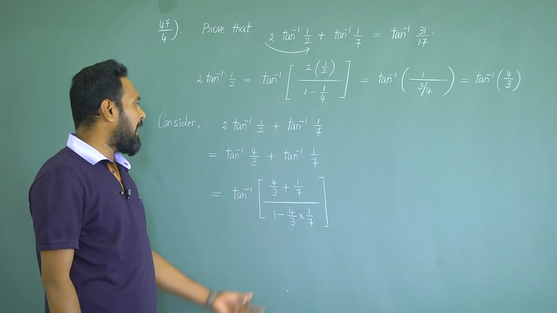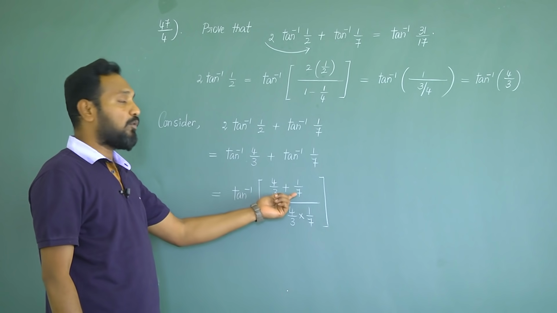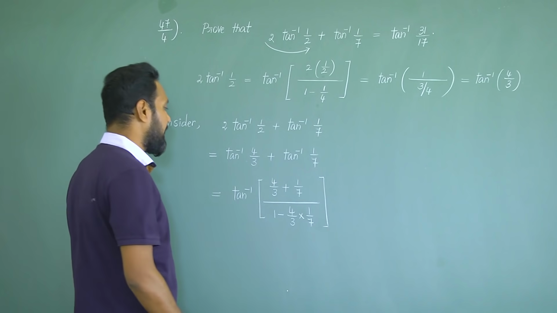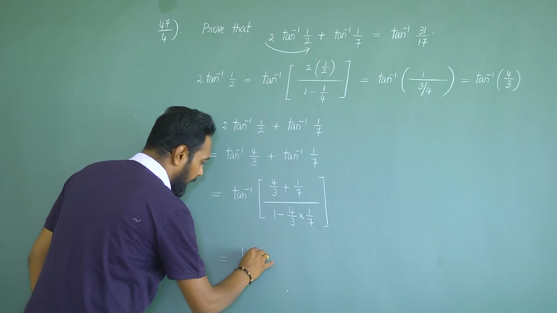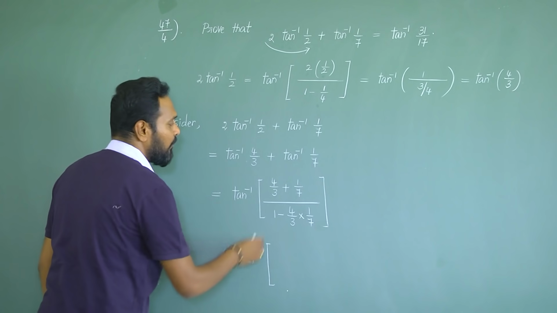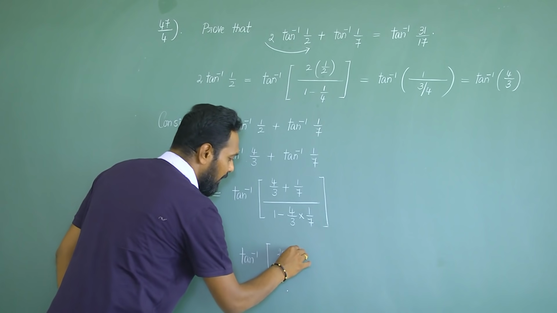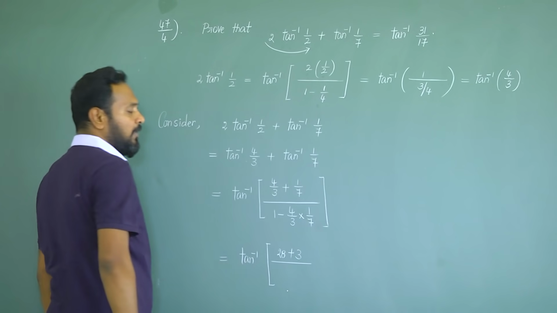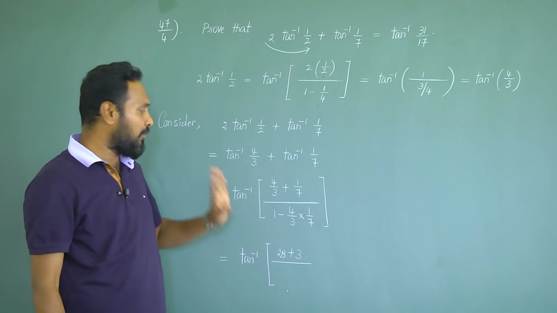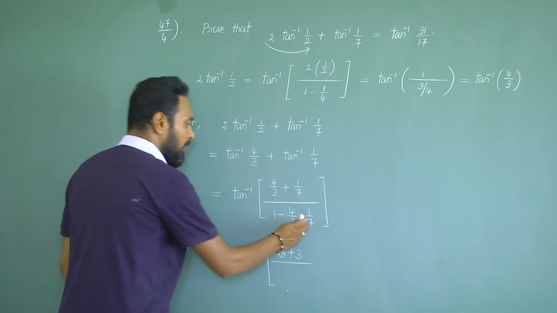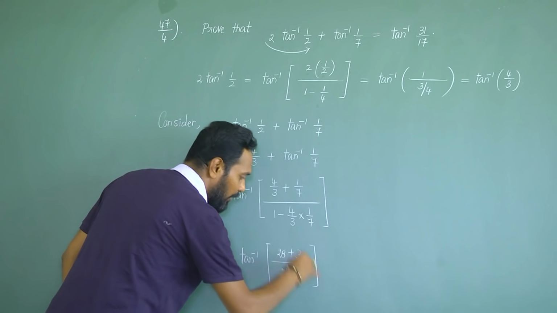What is the LCM I can write? I can take in both numerator and denominator 21, and if I cancel directly, then you will get it as tan inverse of 7 4s are 28 plus 3 1s are 3 divided by, I am taking LCM 21 common and I am cancelling that value in both numerator and denominator. 7 into 3 21 minus 4 into 1 4.